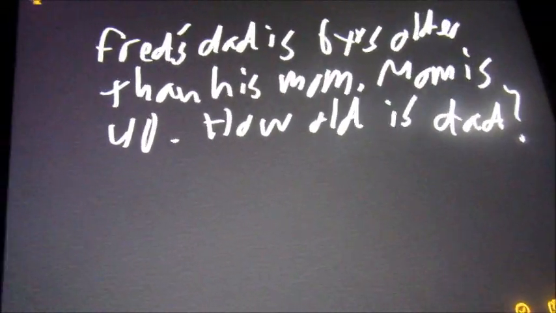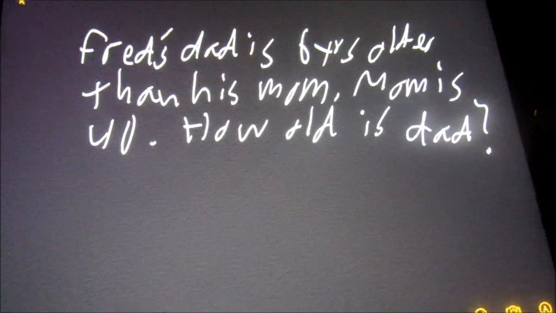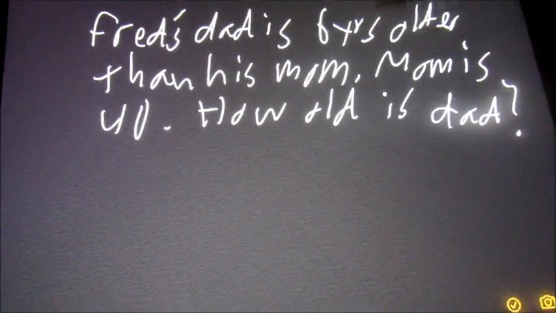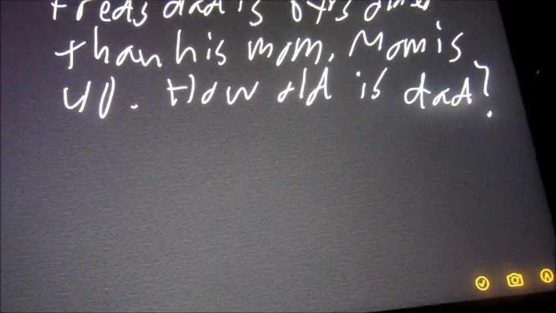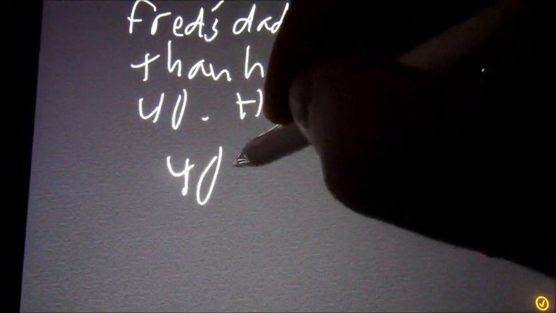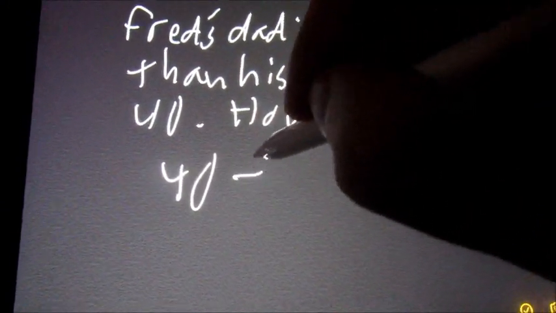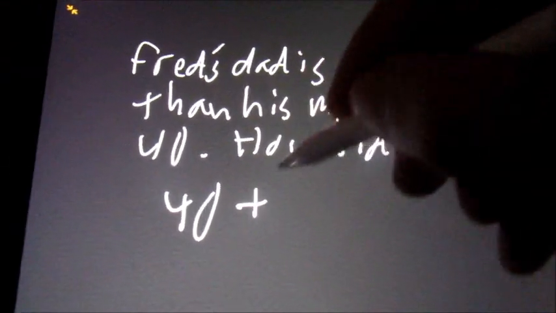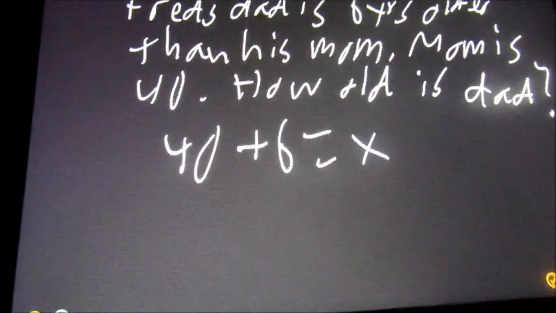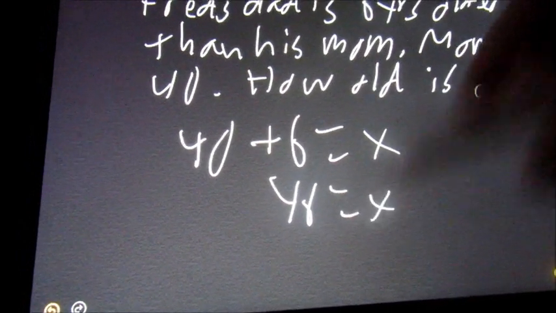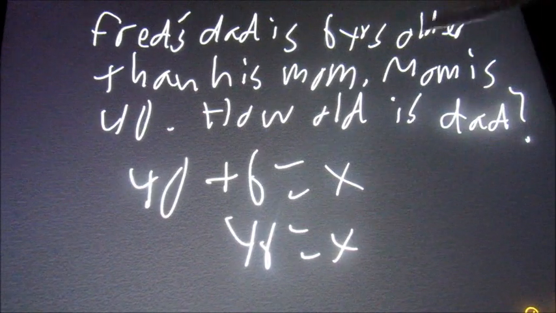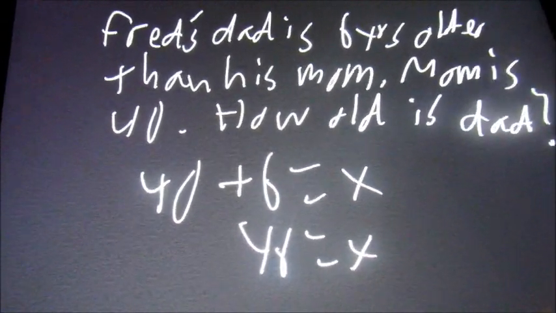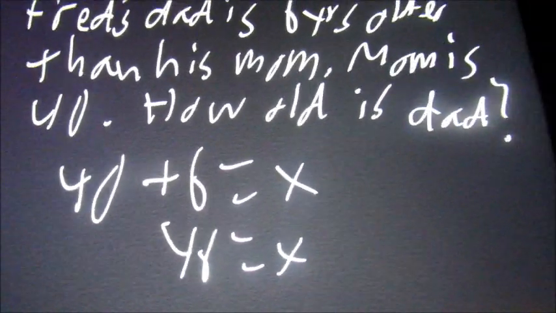Now this one, it's pretty easy just to figure out, but doing it mathematically, we know that the mom is 40, and he is plus 6, so that equals X. So 46 equals X. We could just say X is Fred's dad, and he is 40 plus 6. There's not really that much work to this one.